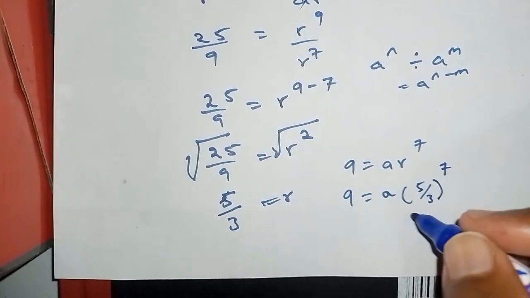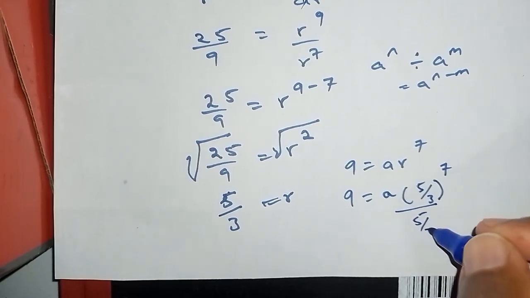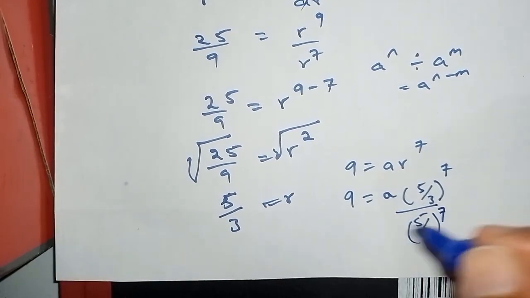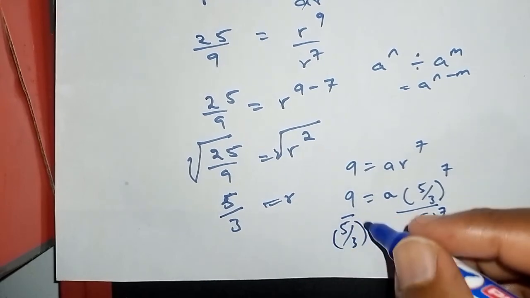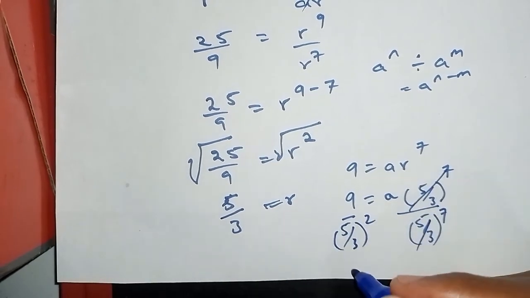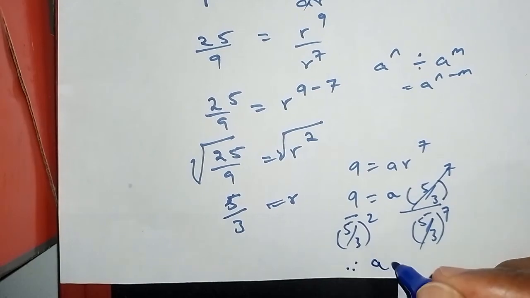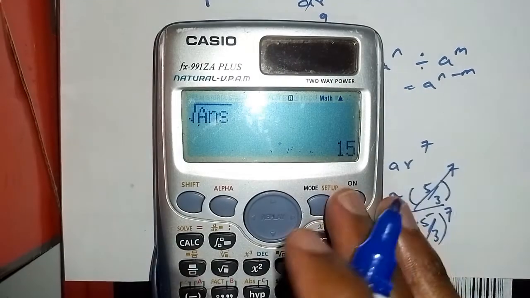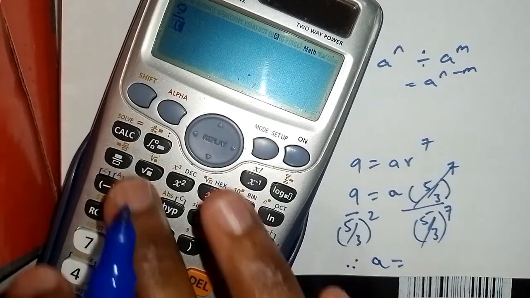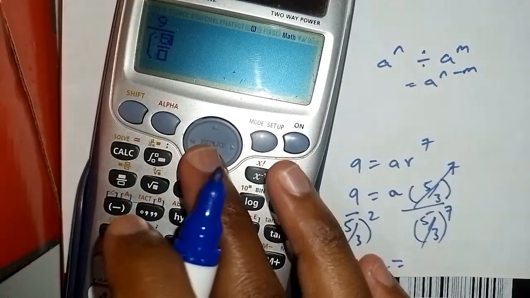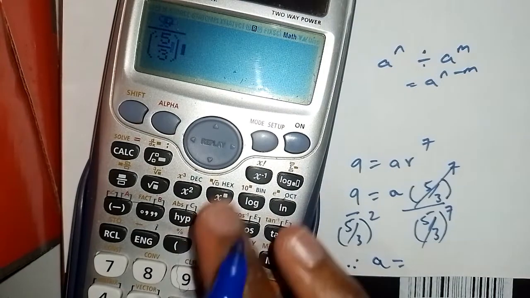Then just divide both sides by 5 over 3 to the power 7. This and this cancel. Therefore, the value of a is 9 divided by 5 over 3 all to the power 7.